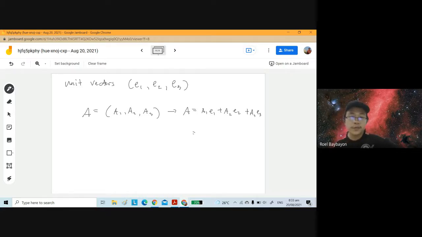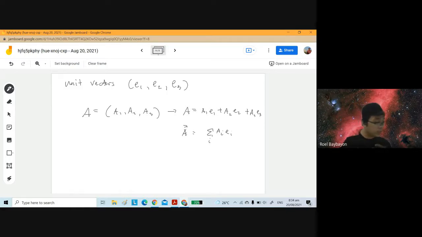So from this, pwede nako siya masulat ang akong vector A as summation of AI's, EI's. Okay? So in terms of unit vectors, I can write vector A as a summation of AI and EI.